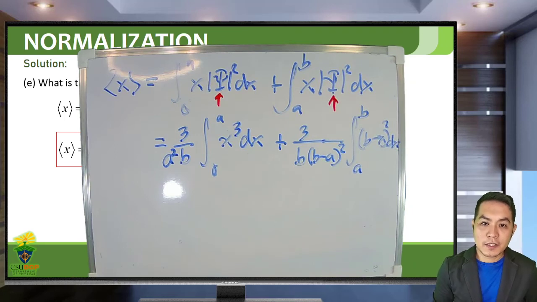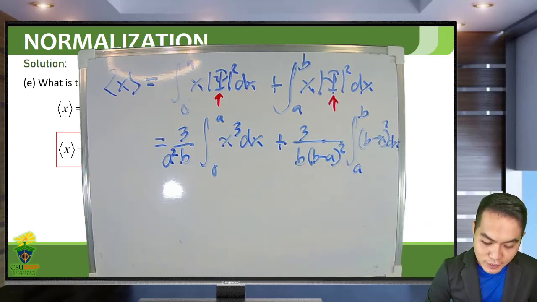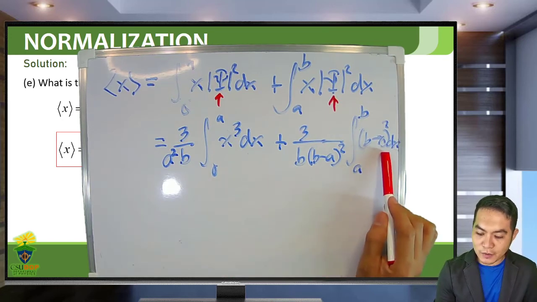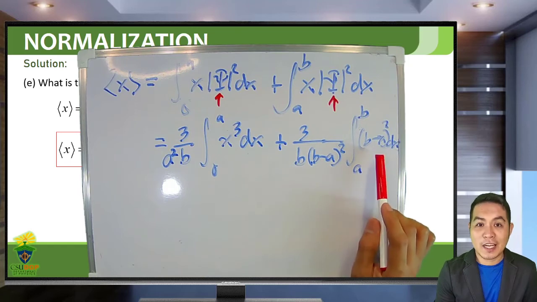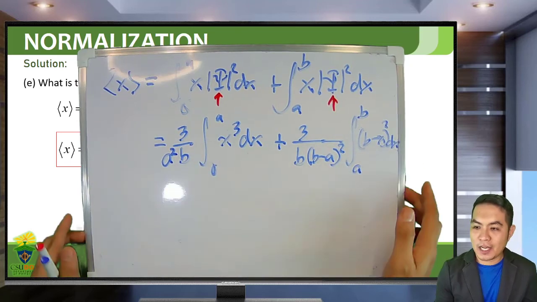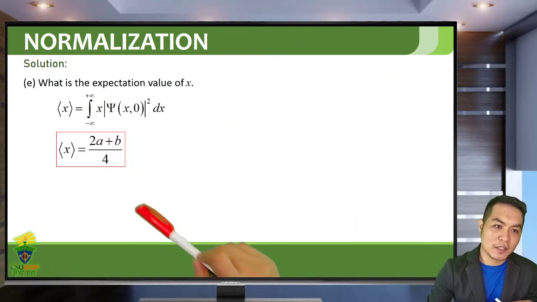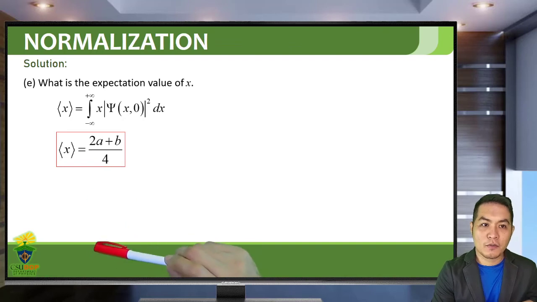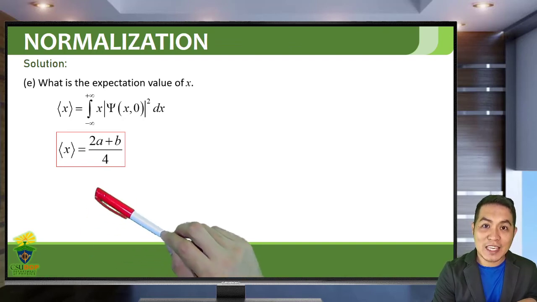These are just elementary integrals, and I will leave the rest of the solution to you. You just expand this into 3 terms, so this becomes 3 integrals. All in all, you have 4 elementary integrals, and you will get this value here, 2a plus b over 4. This is the mean or average value.